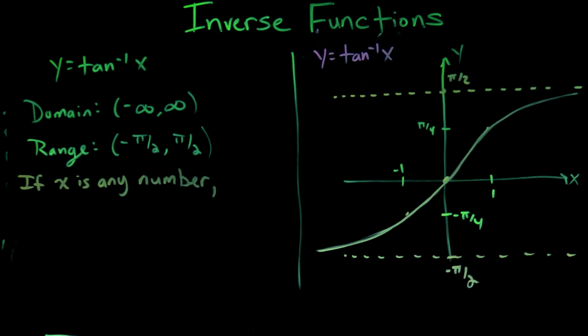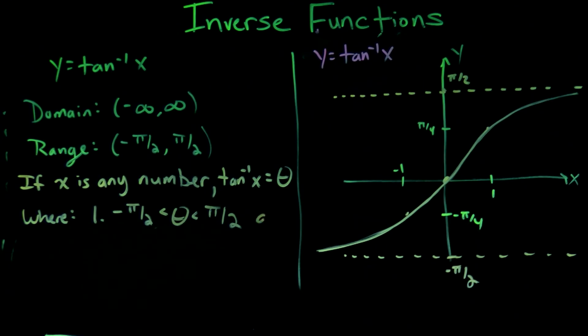If x is any number, the inverse tangent of x is going to be some angle theta, where first off, theta is between negative pi over 2 and positive pi over 2, so either in the fourth quadrant, the first quadrant, or on the positive x-axis. And tangent of theta is x.